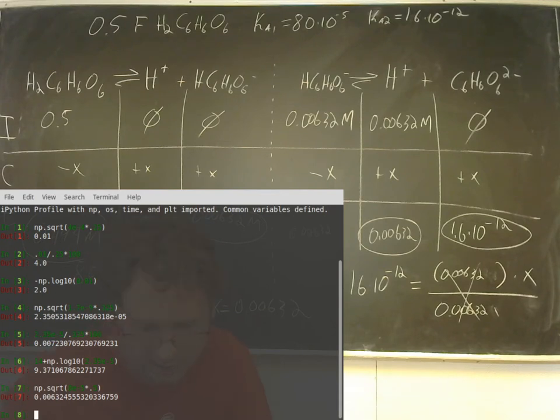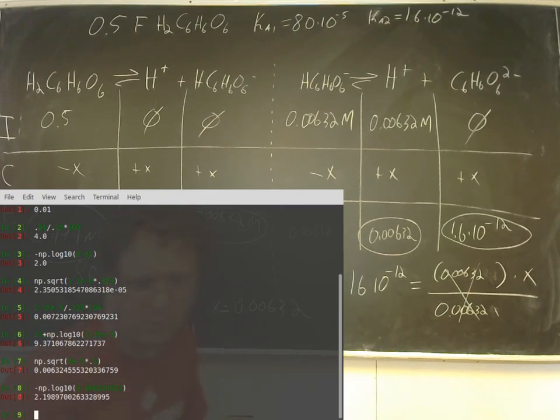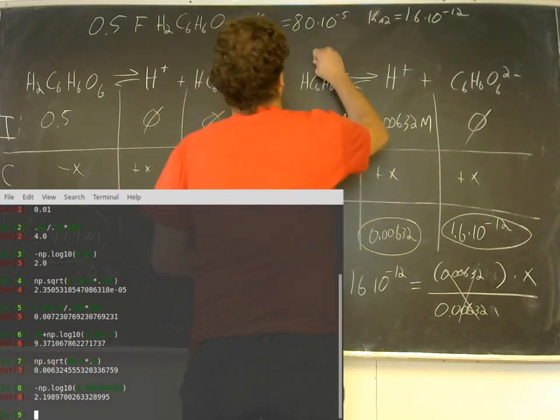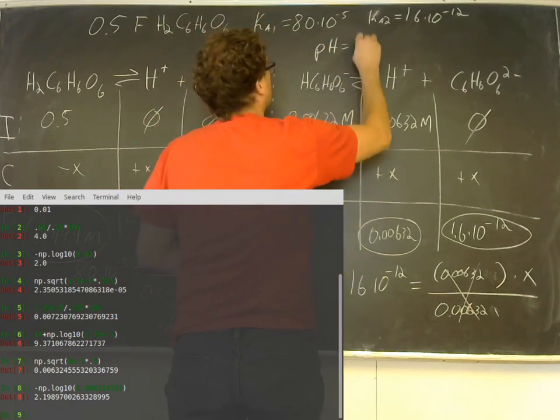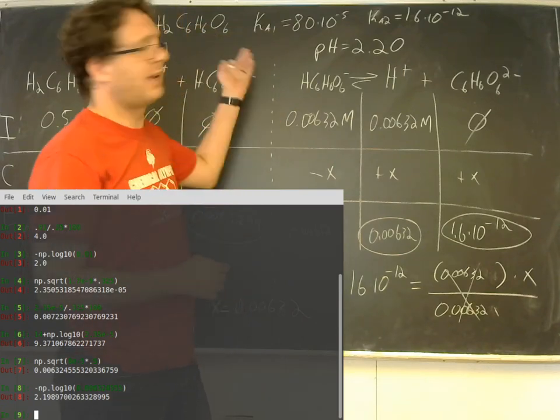We're going to take the negative base 10 log of 0.006324555. That'll be more than enough sig figs. And I get a pH of 2.20, with 2.20 limited to 2 sig figs because of our Ka values.